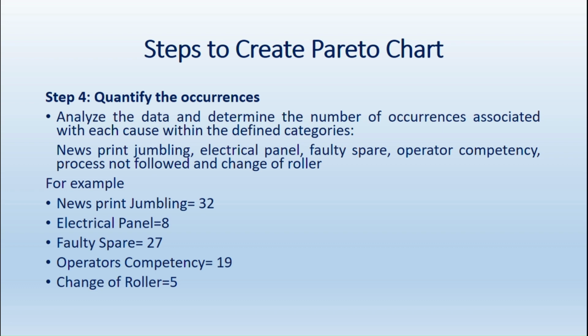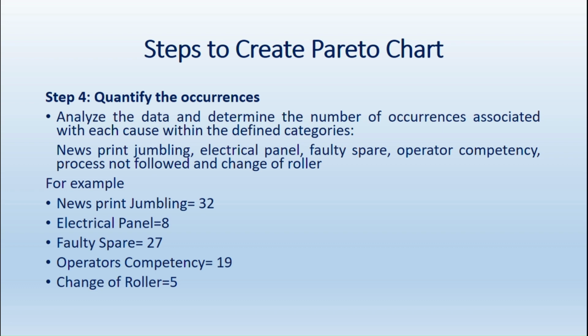Here I have written 32 times delay happened because of newsprint jamming, 8 I have mentioned against the electrical panel, 19 I have mentioned against operator's competency, 27 I have mentioned against faulty spares, like that. So these are the frequencies against these causes.